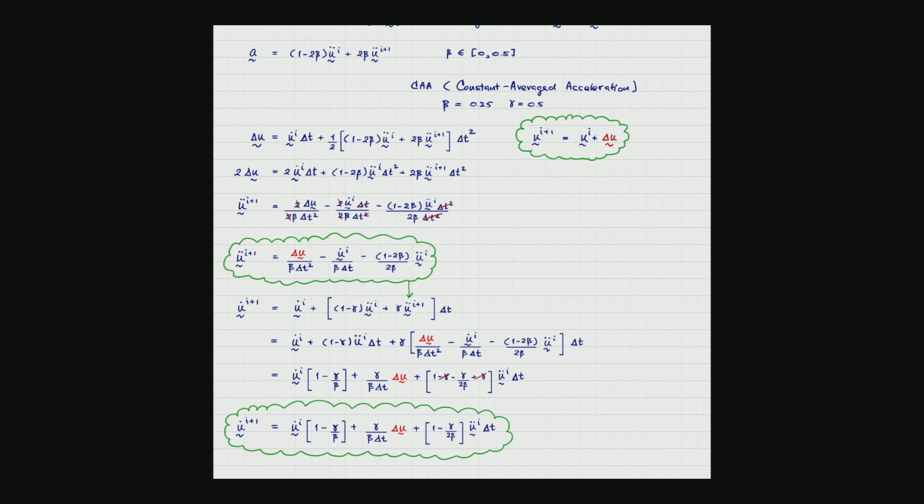So if we have the constant acceleration, we can use the formulas from high school physics, those equations of motion you learn in the physics course, that s equals ut plus a half at squared, and v equals u plus at, and so on and so forth.